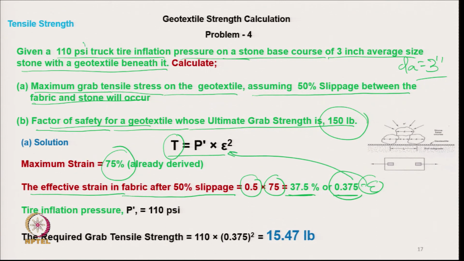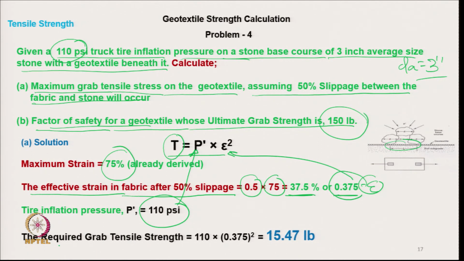And tire inflation pressure is 110 psi. Here the assumption is that the tire inflation pressure is directly applied on this geotextile. There is no reduction. So, P dash we can assume as 110.